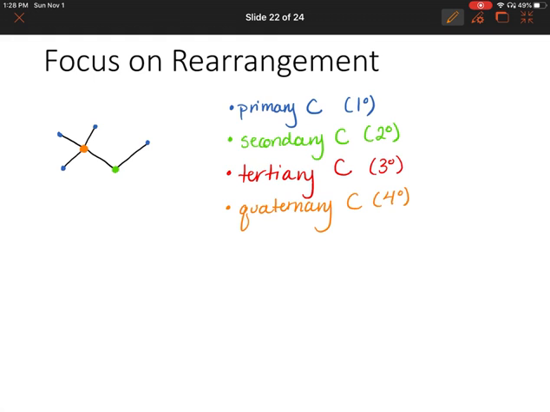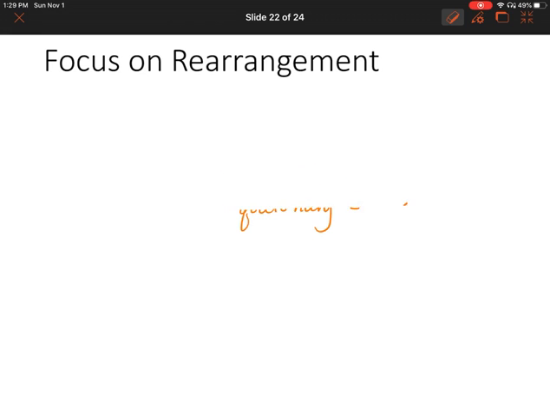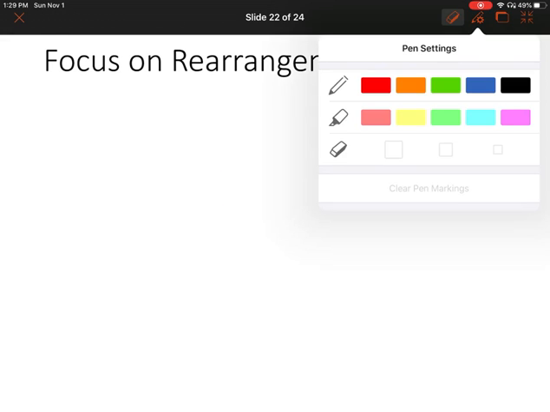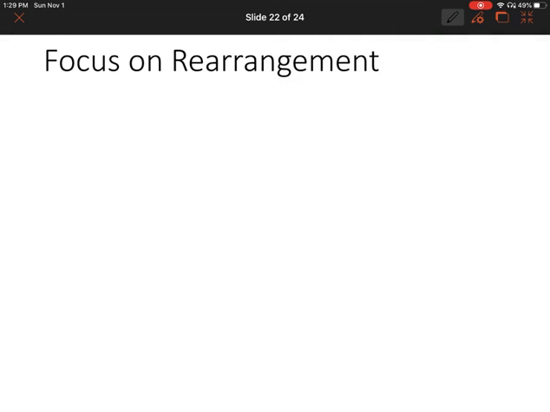All right, so now that we've refreshed our memory on the types of carbon atoms, let's now talk about carbocations. And with carbocations, you can only have primary, secondary, and tertiary carbocations. You cannot have quaternary carbocations because if a carbon is bonded to four other carbons, there's no room for a positive charge, right?